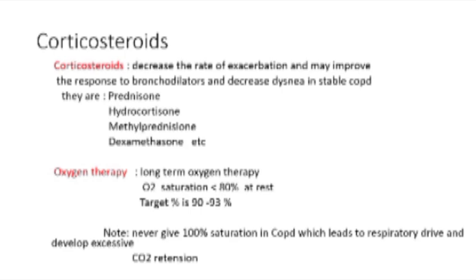Once again, I will explain. Corticosteroids are the chemical agents which help to reduce the rate of exacerbation and may also increase the response to bronchodilators. The main corticosteroids used in COPD cases are prednisone, hydrocortisone, methylprednisolone, dexamethasone, etc. Next, oxygen therapy is the main therapy which has to be given long term, and oxygen saturation maintenance should be done.